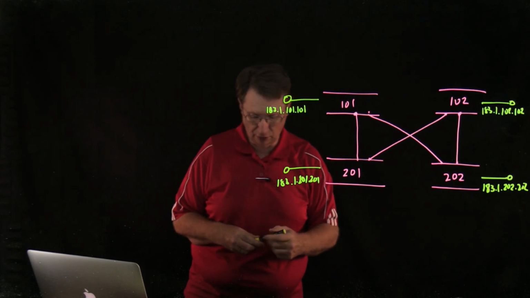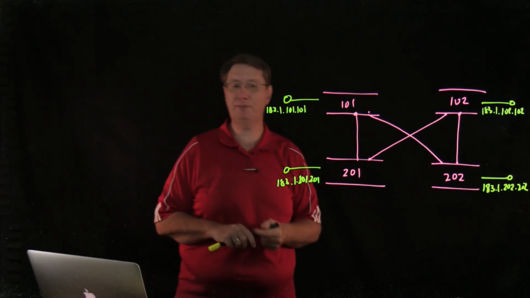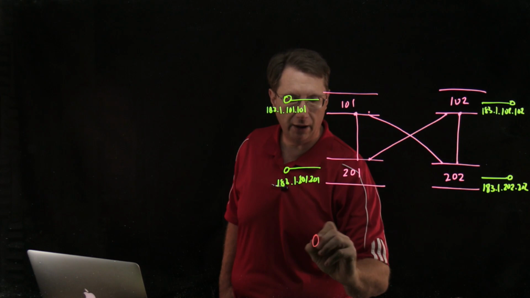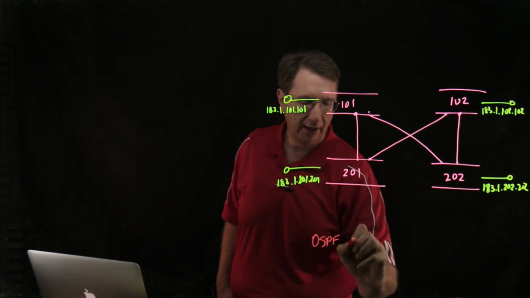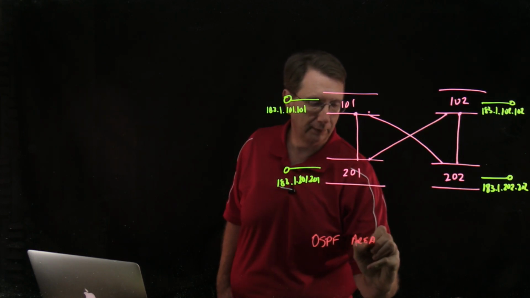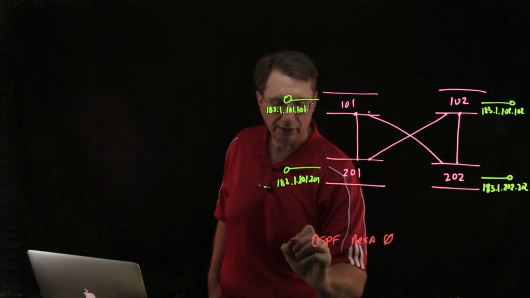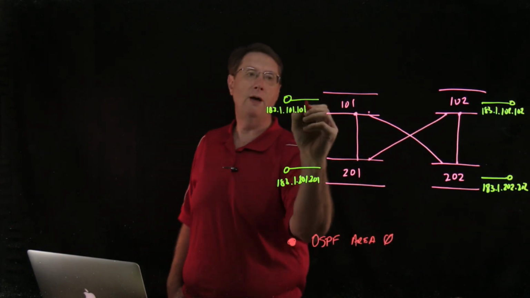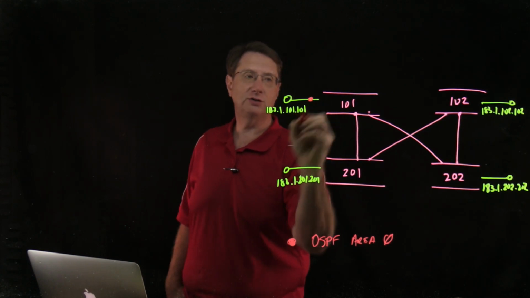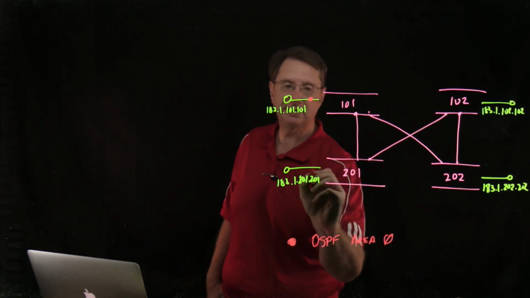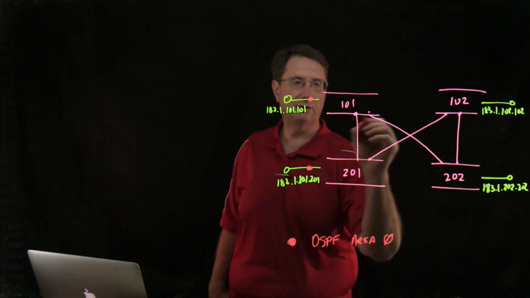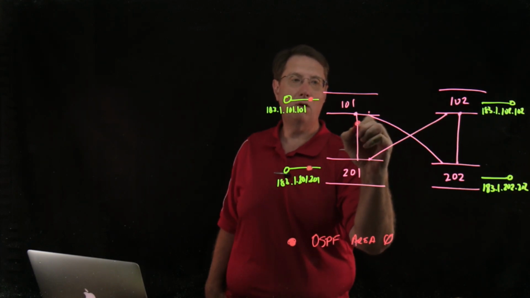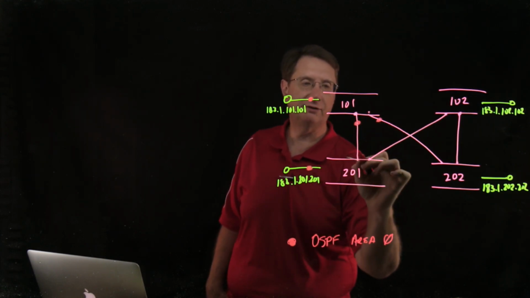We also went so far as to configure OSPF. So down here I'm going to write OSPF area 0. So every interface that gets a dot is running OSPF area 0. That means this interface is running OSPF area 0, as are all of the physical interfaces.